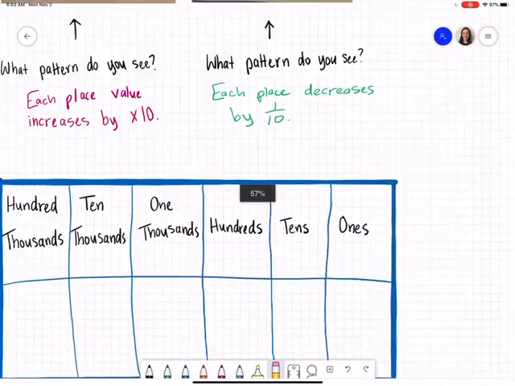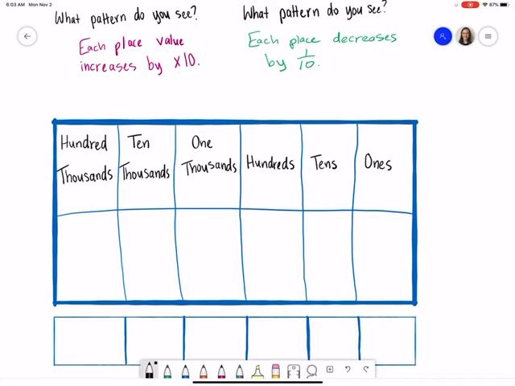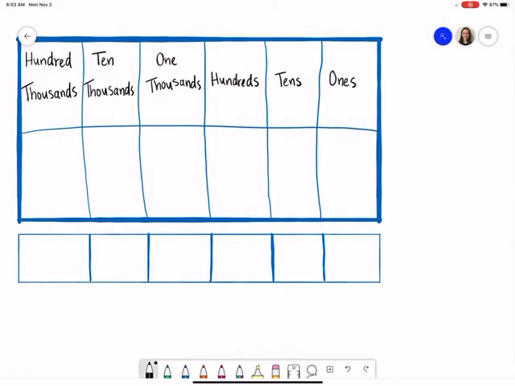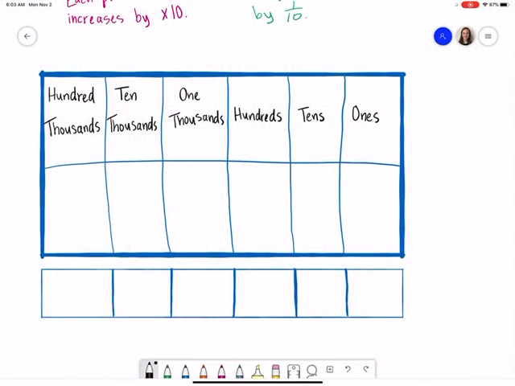So if I were to put them in ones, it would look like 1, 10, 100, 1,000, 10,000, and 100,000.